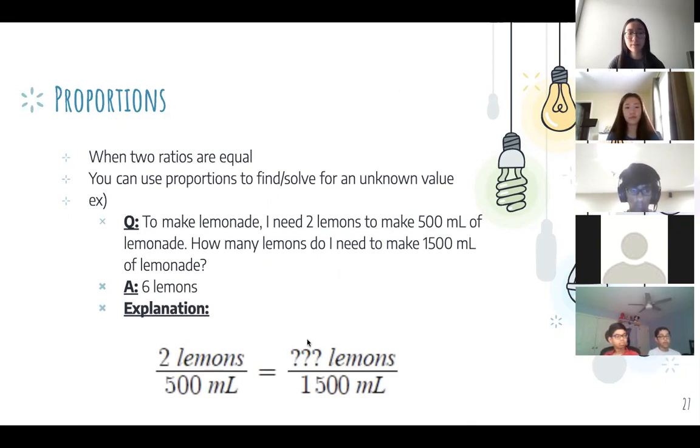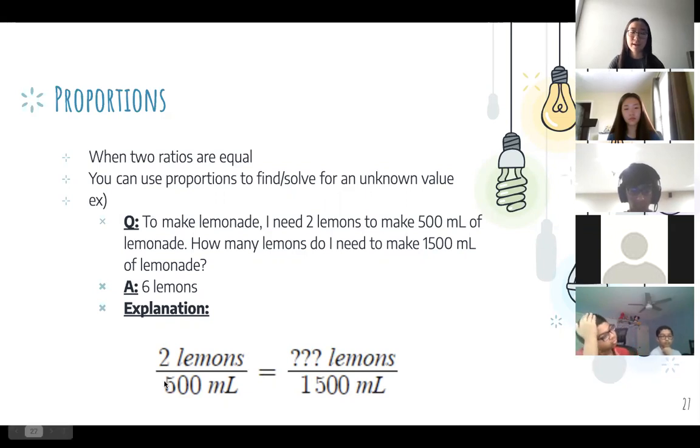You can solve this using cross multiplication. You multiply 2 times 1,500 to get 3,000. Then 3,000 equals 500 times question mark lemons, so you know that the amount of lemons must be 6.